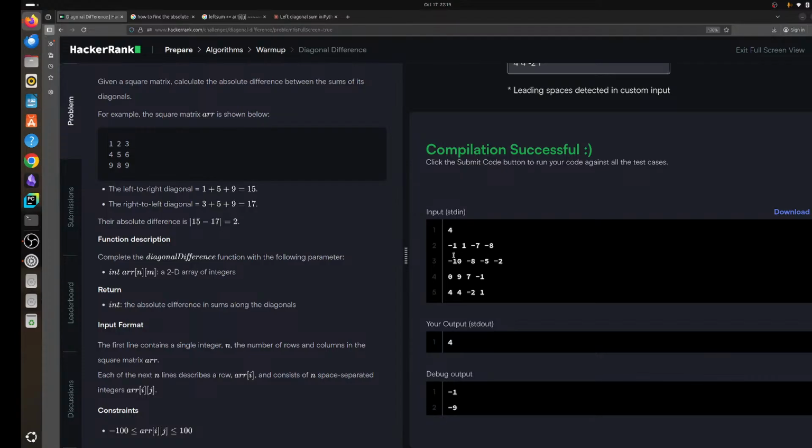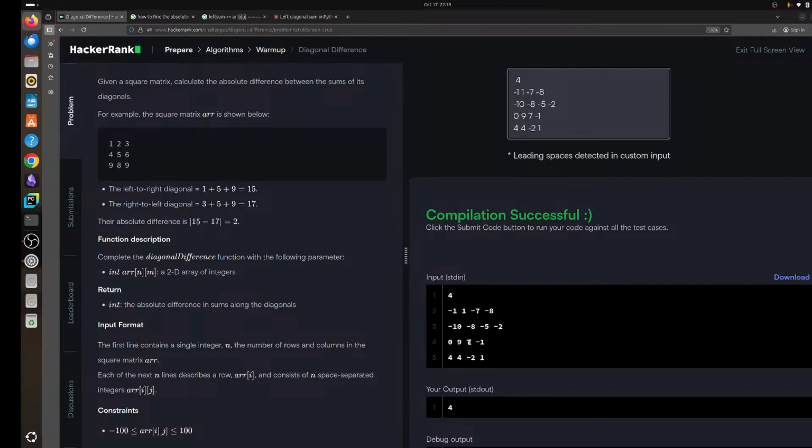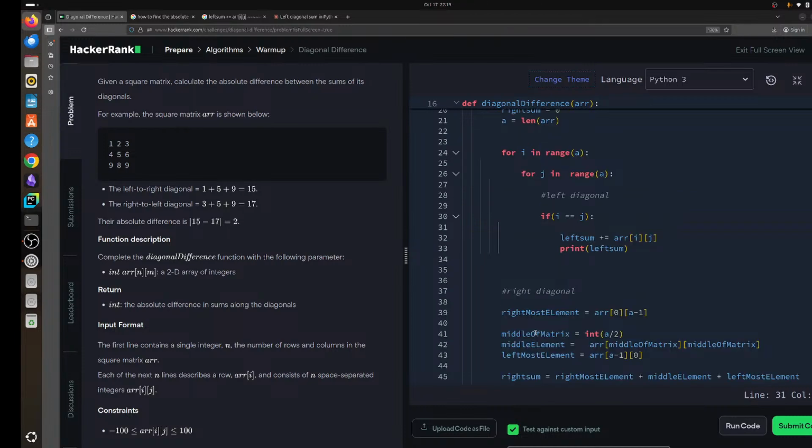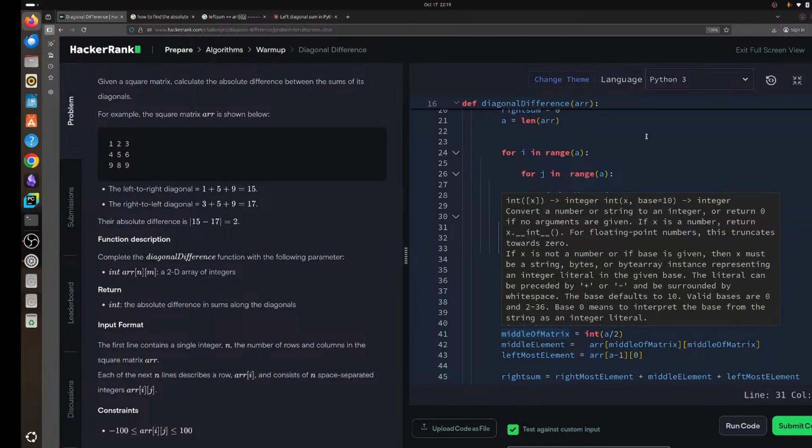I think here, will it be the diagonal matrix? No, right? This will not be the diagonal matrix. This, and this. I think I made some mistake.